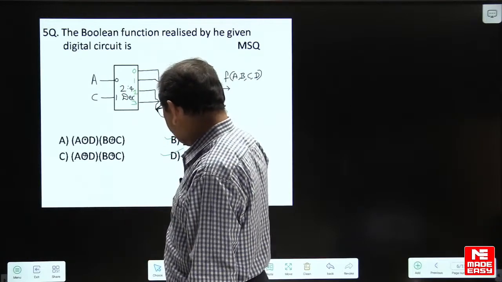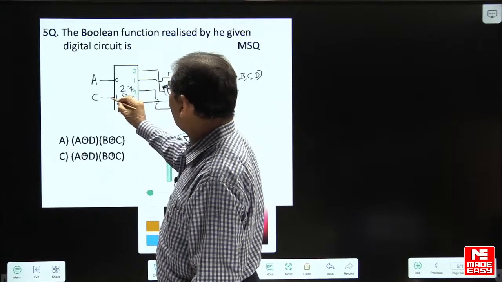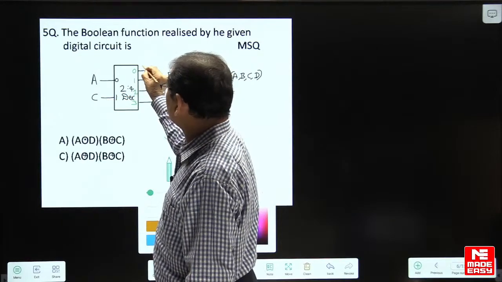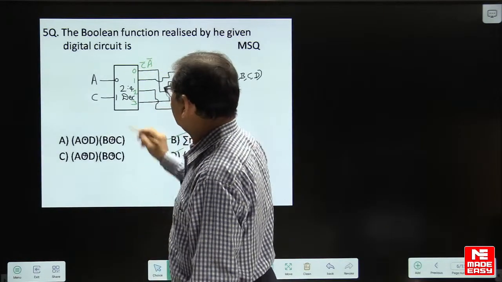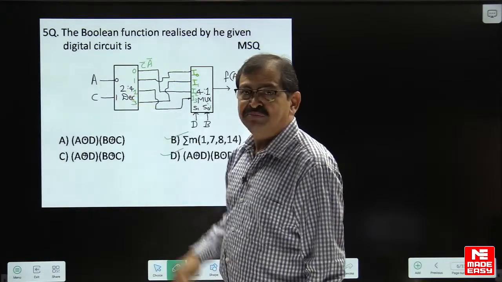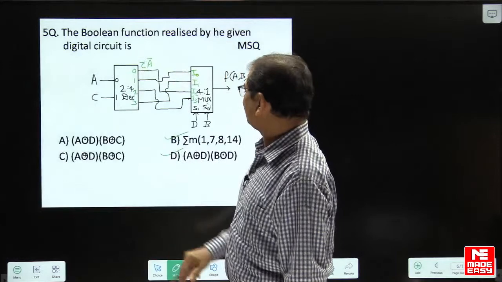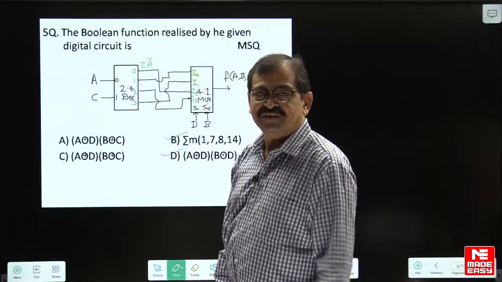So if you look here, line 0 output is C complement, A complement. C is the MSB input as far as the decoder is concerned, A is the LSB input. As far as the function is concerned, of course, A is the MSB; both are important concepts.